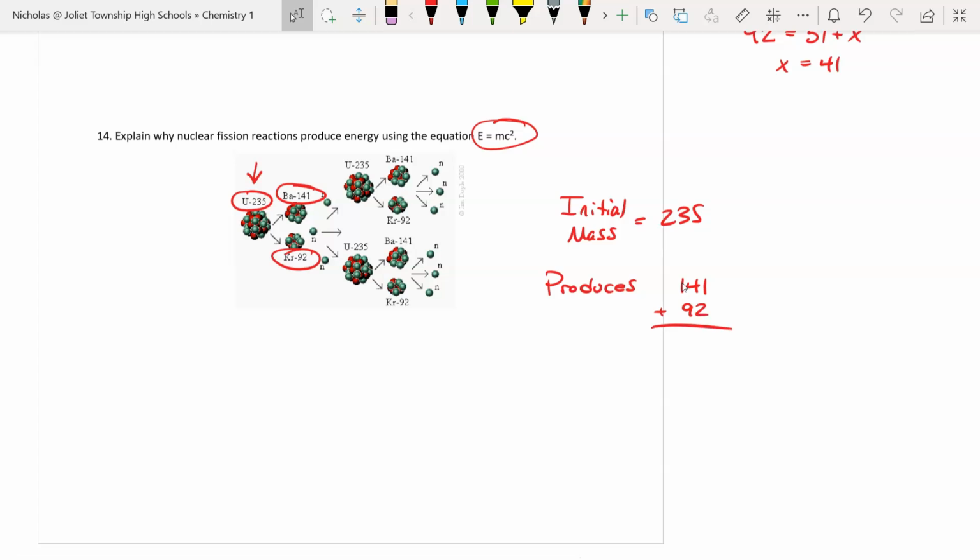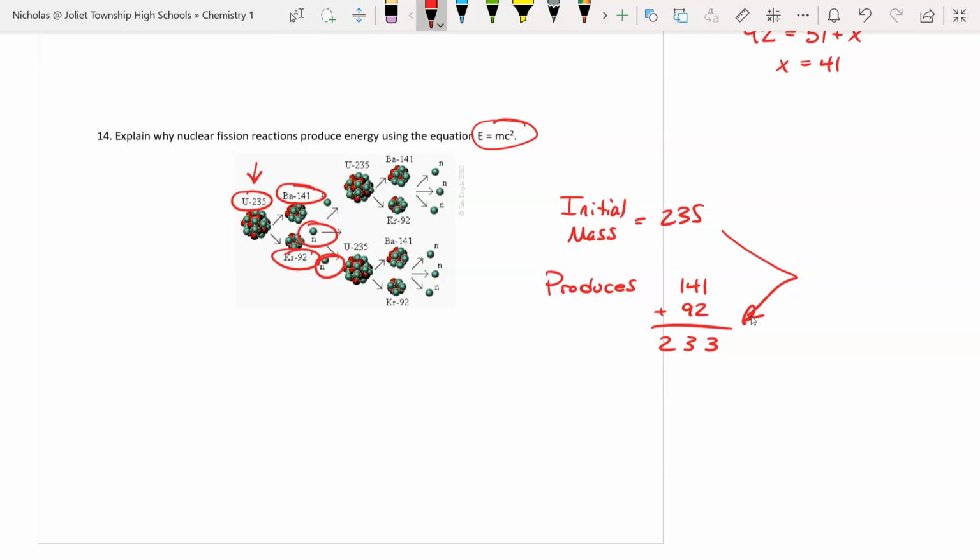So when I combine these, this is 233. So we have a difference in mass here. So we're going from 235 to 233. And that difference in mass is these neutrons right here that are kicked out, that energy.